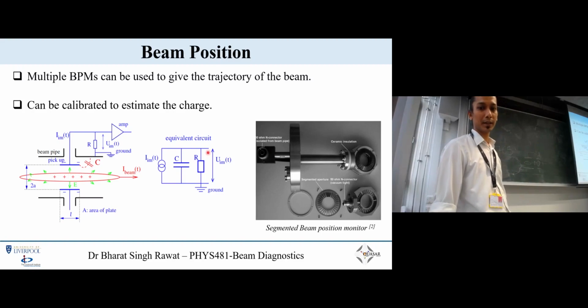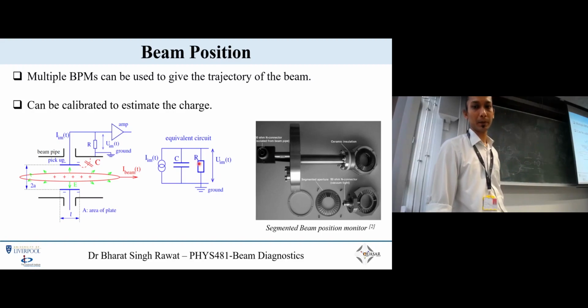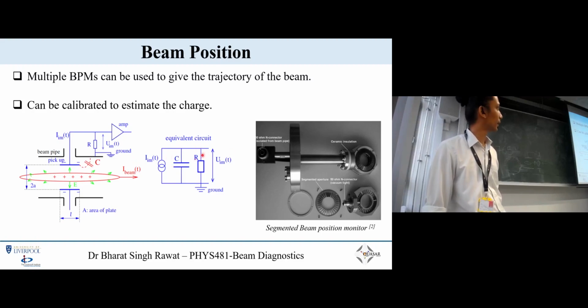This is an equivalent circuit of a pickup. So this is the load resistor, and this is the capacitance which is caused between the pickup and the grounded pipe. Then you can use circuit laws to find the impedance of this entire circuit.